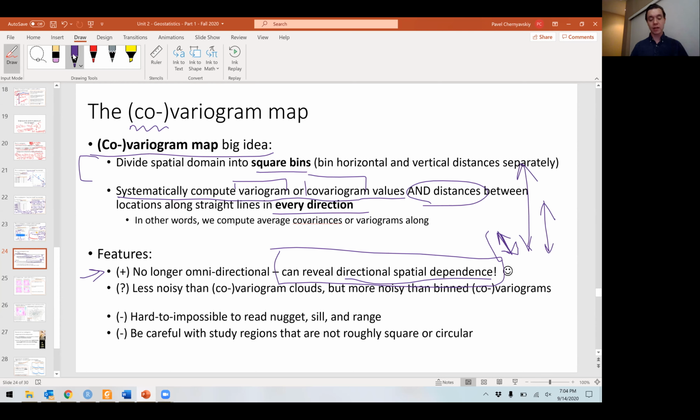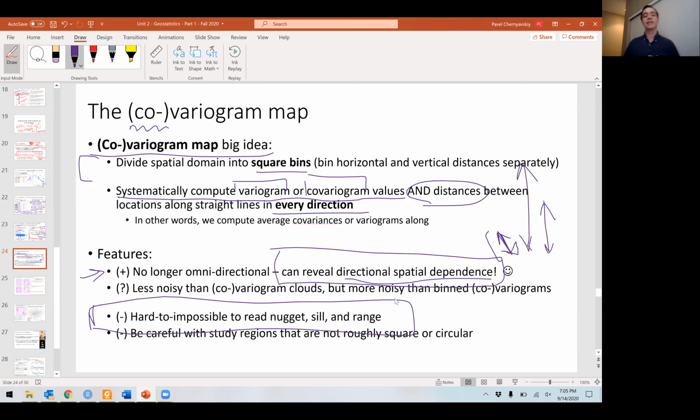So they are definitely less noisy than variogram clouds, but you will see that it could still be hard. In a realistic scenario, and London Asthma, I keep using it as a realistic scenario, it's 1,000 data points, it's very difficult to tell what the nugget, range, and sill are.